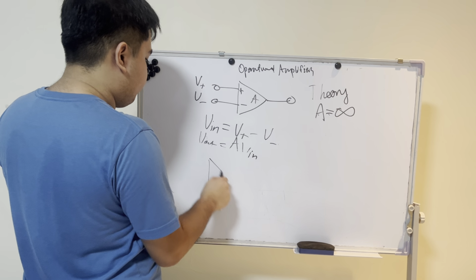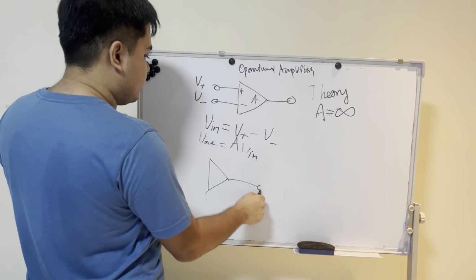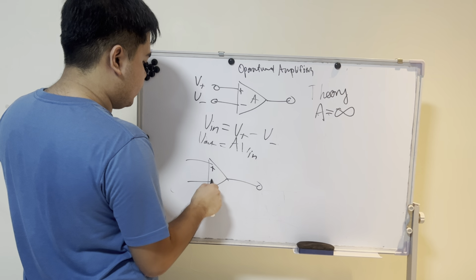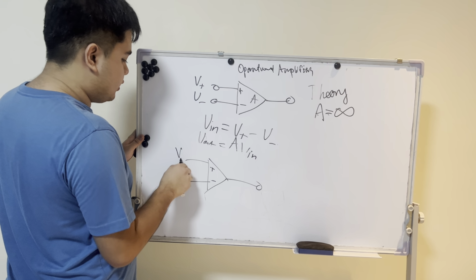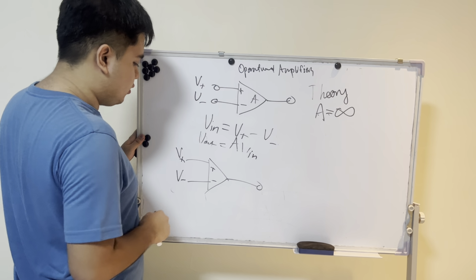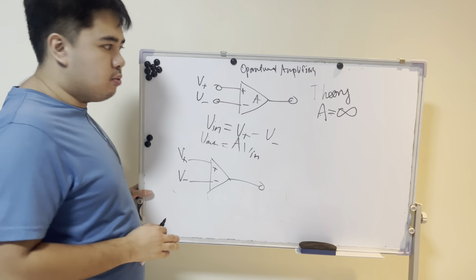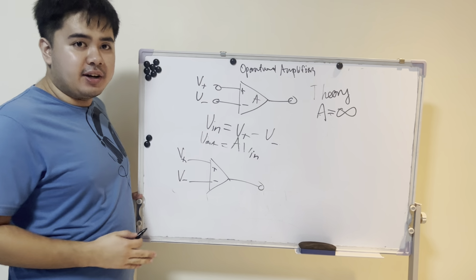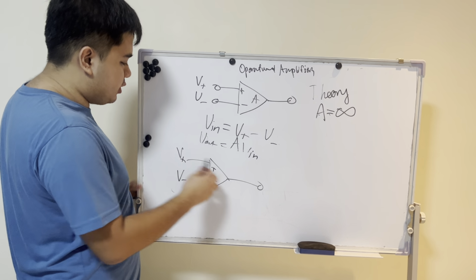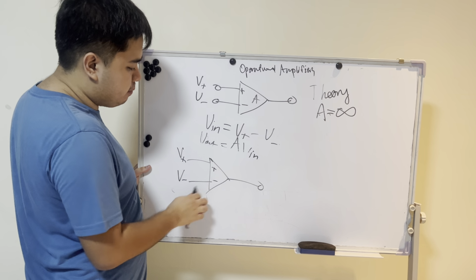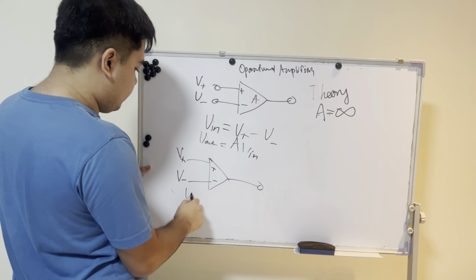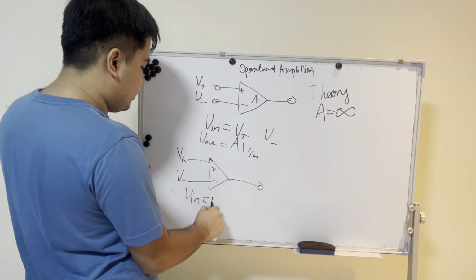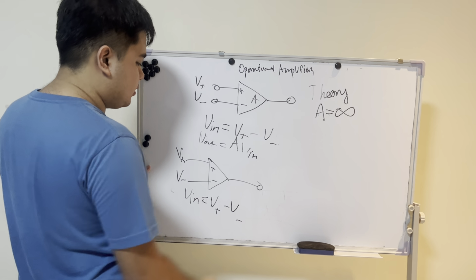So, if we have, say, this configuration, and say this is V plus and V minus. If we want to know which one of V plus and V minus is bigger, we simply need to know the input here. So, the differential input is V plus minus V minus.